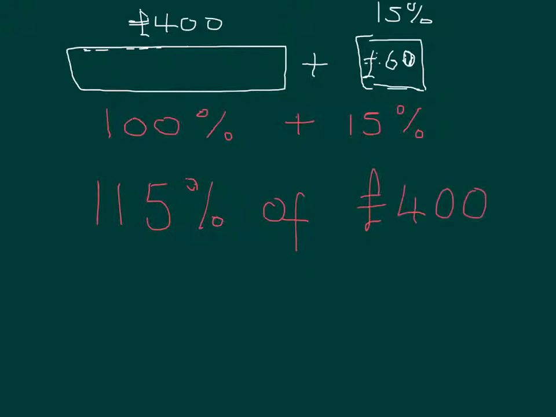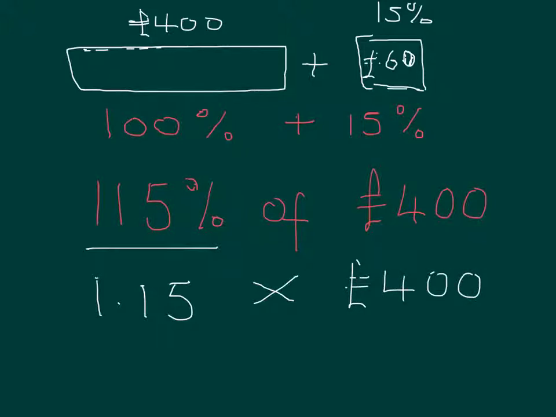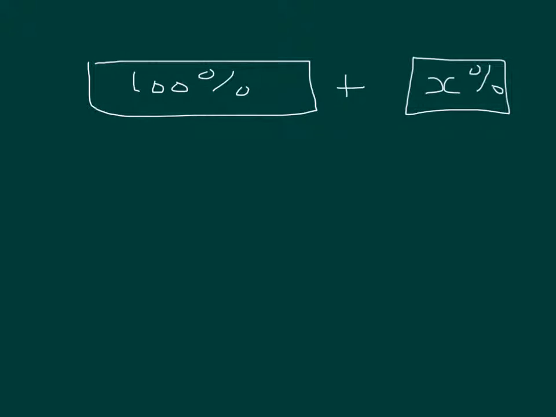So if I want to increase by 15%, really what I want is 115%. Well, 115% as a multiplier or as a decimal is 1.15. So that means I can just find a 15% increase by plugging into my calculator 400 times 1.15.